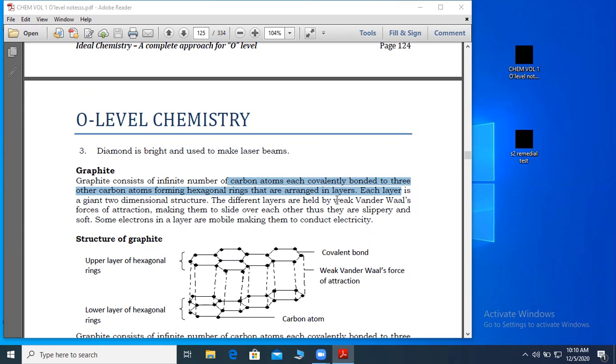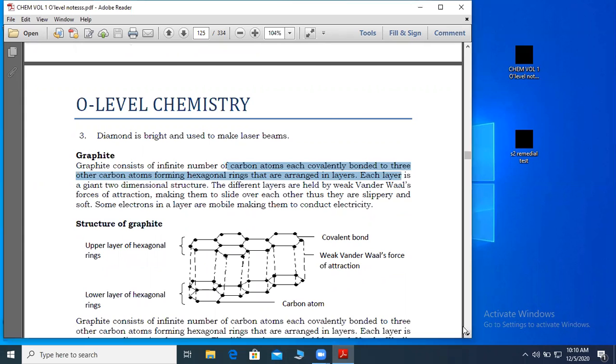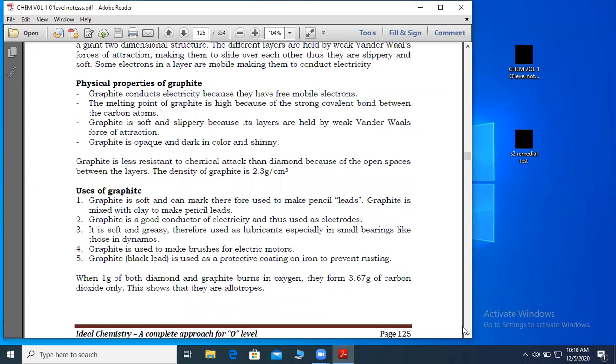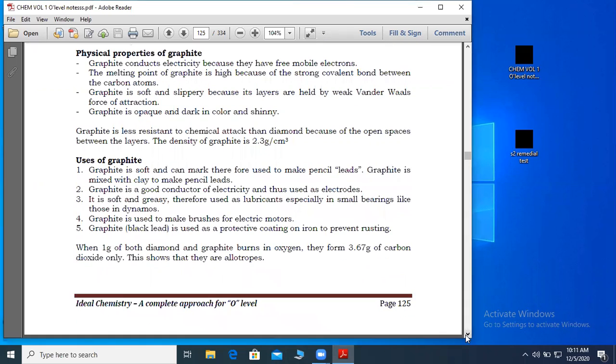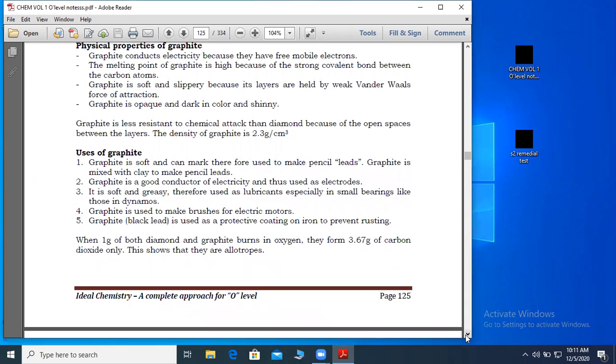Therefore, graphite has mobile electrons. Okay, any question about the reason that we are looking at?